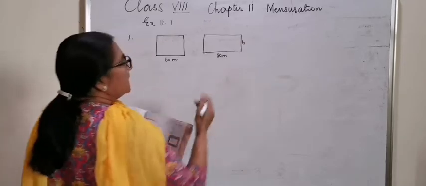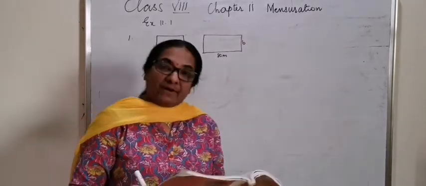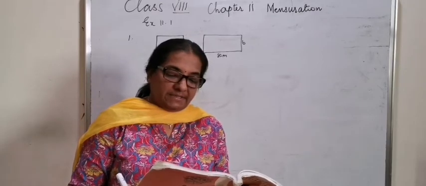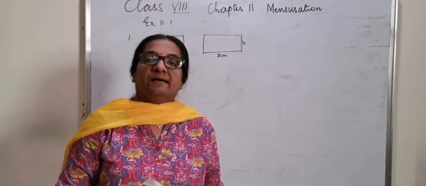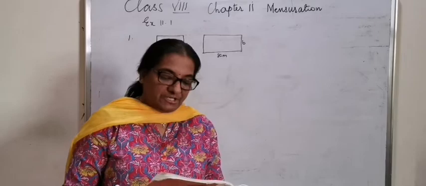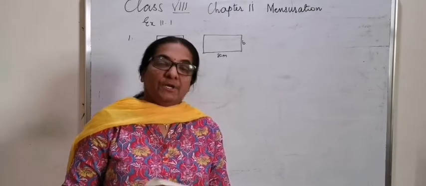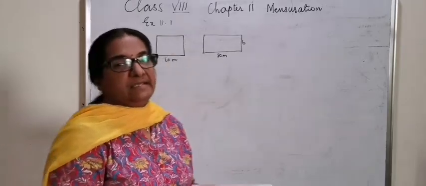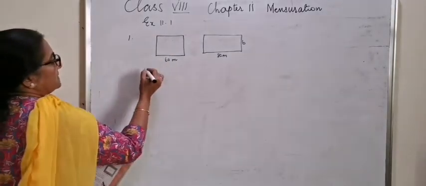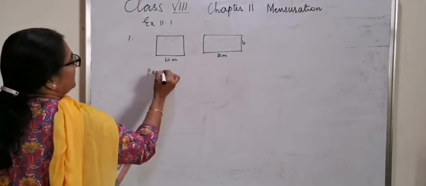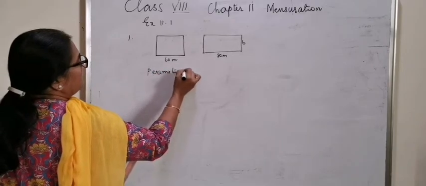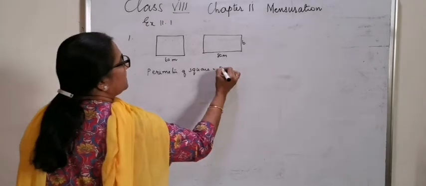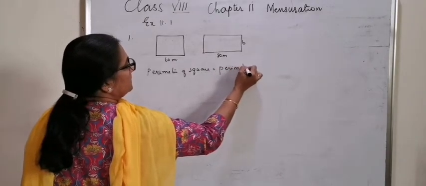The breadth is unknown to you, but to find that breadth, the concept is that the perimeter of both the figures is the same. You have to find the area and compare the areas. So it is given that perimeter of square is equal to perimeter of rectangle.